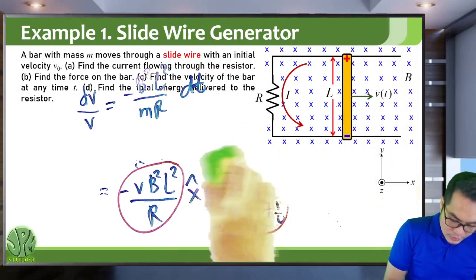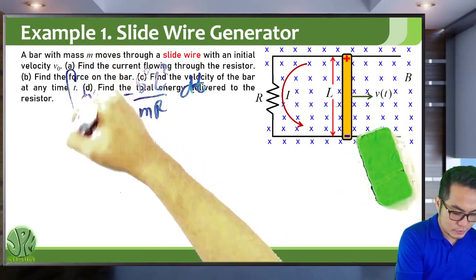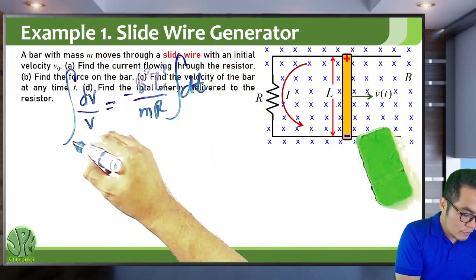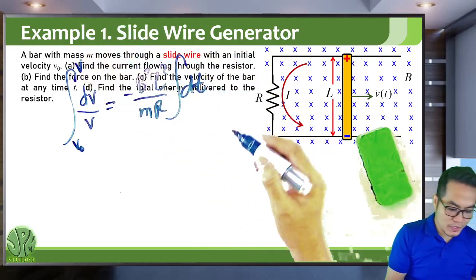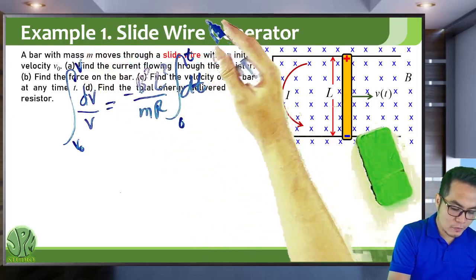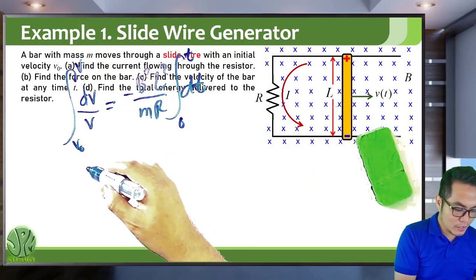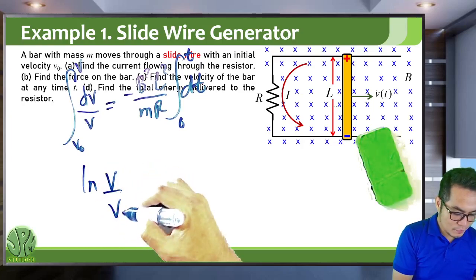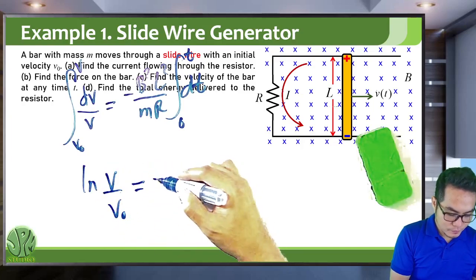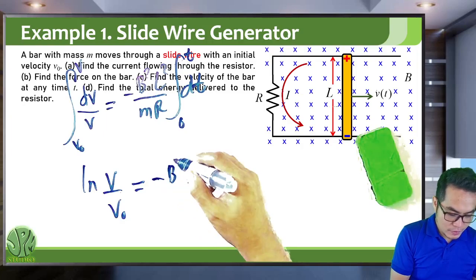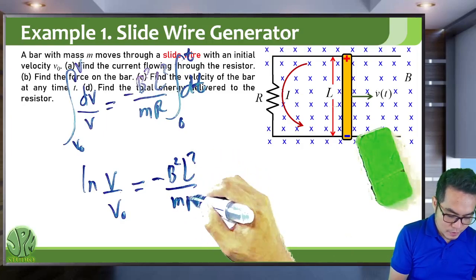And you integrate, from an initial velocity to a final velocity, from an initial time 0 to a final time t. And you will get ln of v over v naught is equal to negative B squared L squared over mR times t.